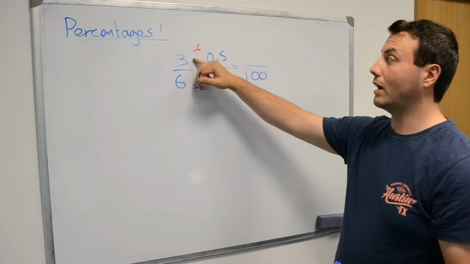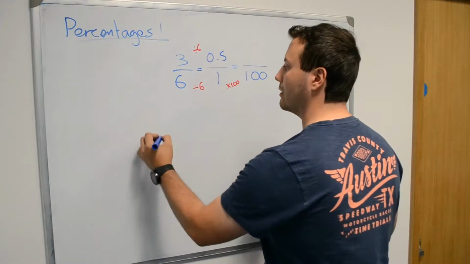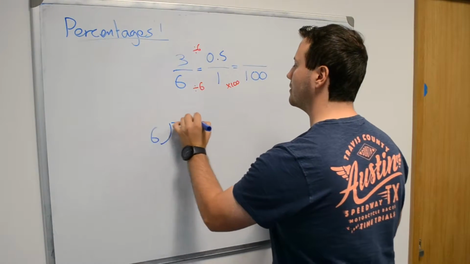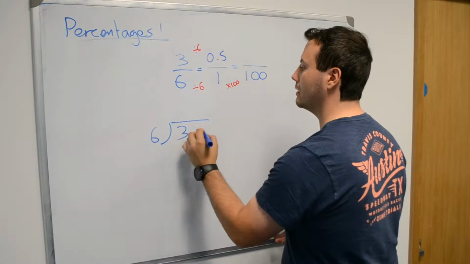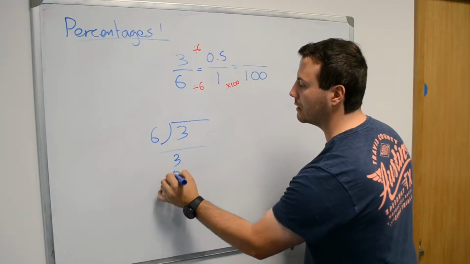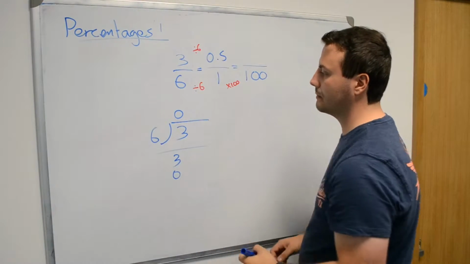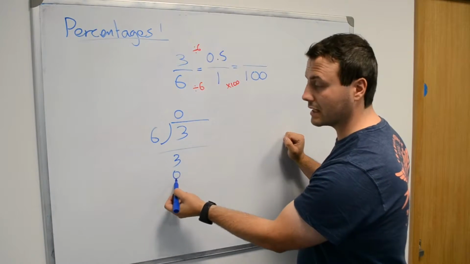And if you weren't too sure how we get from 3 to 0.5 here, when we divide by 6, just write this out in our long division. 6 doesn't fit into 3, so that means we put 0 here, because 6 starting with 3, so it doesn't fit. 6 zeros is 0.